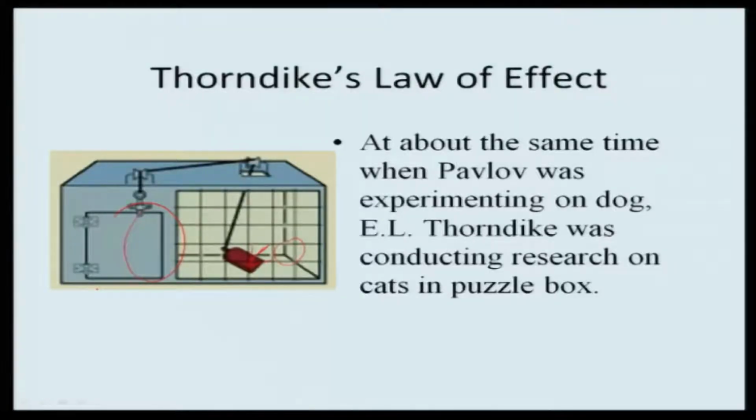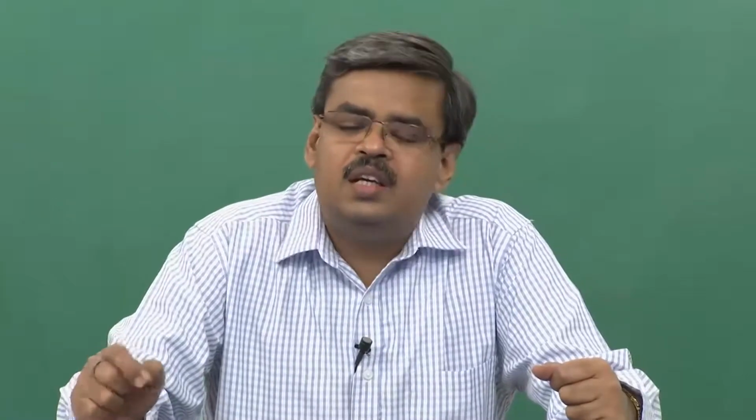Random movement led to no consequence, but pressing the lever allowed the door of the cage to open. This is what the cat wanted. The cat was attracted towards the fish kept out of the cage, and it was this desired behavior that required the cat to come out of the cage. So, now the key question is how the correct SR bond strengthens and eventually dominates the incorrect SR bonds.